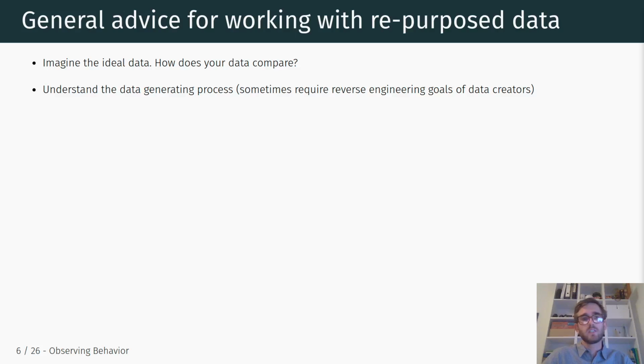If we want to make use of these data, what helps is to reverse engineer what goals these data creators had, what exactly their interests were, why they collected these data, because that will help us figure out to what extent or how we can use these data in the most efficient, most effective way.